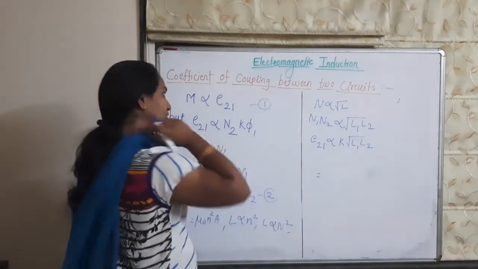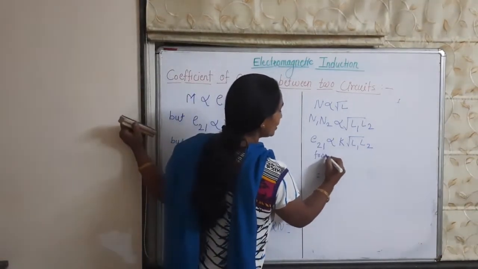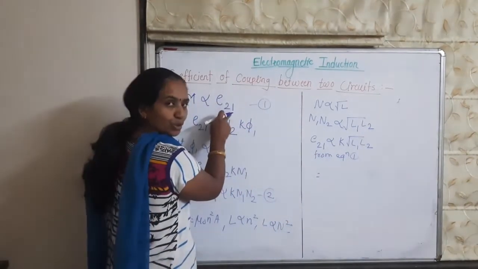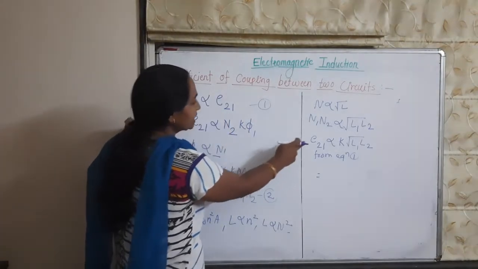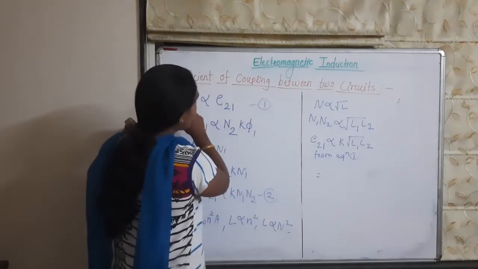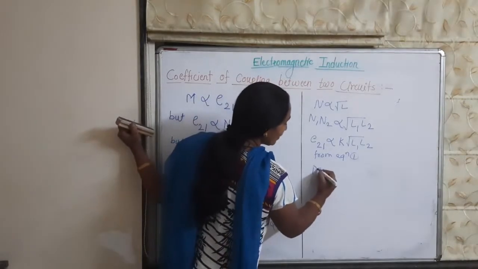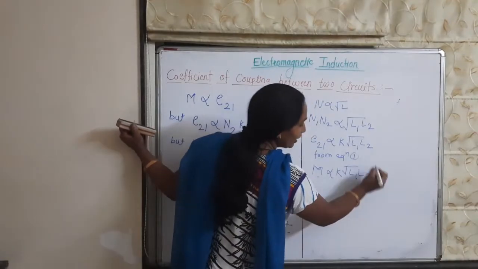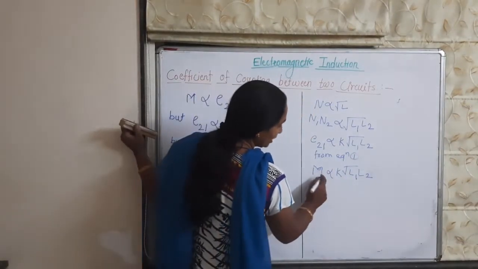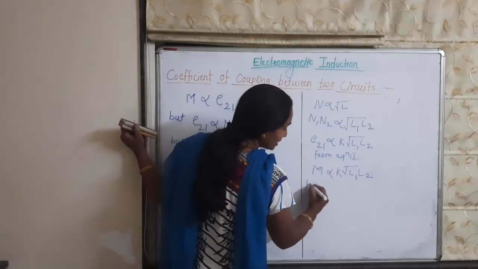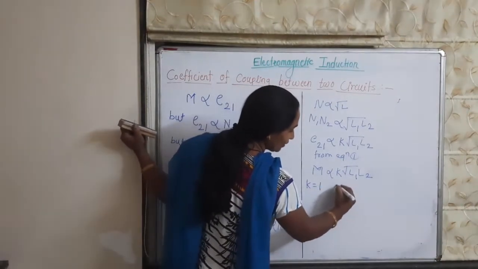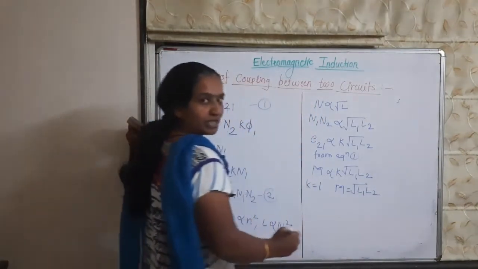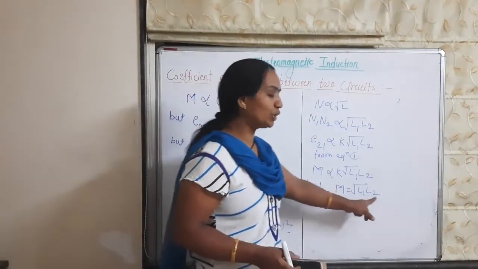Then from equation 1, we know M is proportional to E21. Replacing E21 by M, M is proportional to K square root of L1 into L2. Here the K value is equal to 1, so M equals the square root of L1 into L2.